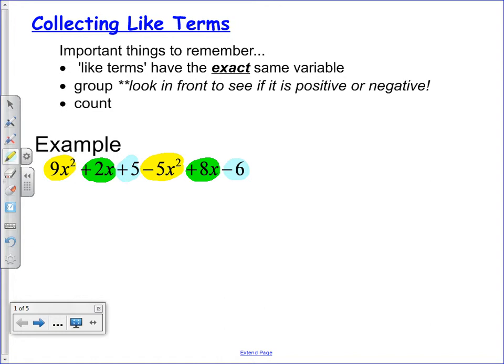Okay, so we've highlighted our like terms here. Now I have to group them together. How will I group these together? Can someone tell me what I'll write on my next line here?